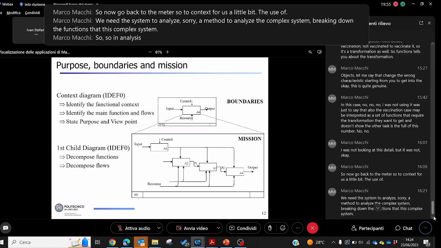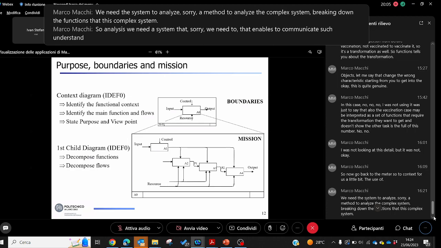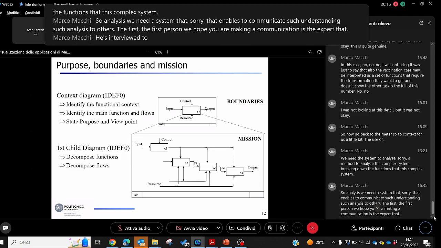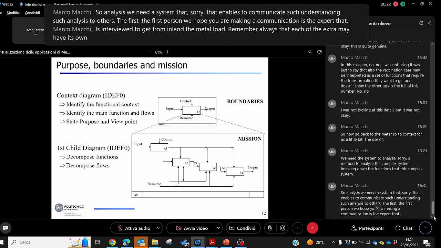We need a method that enables us to communicate such understanding, such analysis, to others. The first person with whom you communicate is the expert who is interviewed to get the mental model from him. Remember that each expert may have their own mental model, their own beliefs. You are trying to formalize the beliefs about the functions of a process into a formal model.